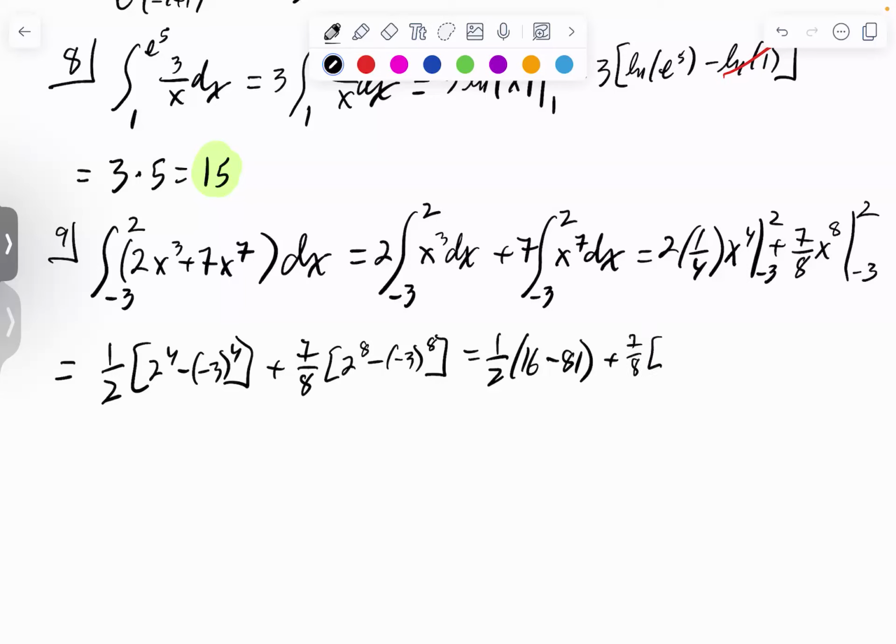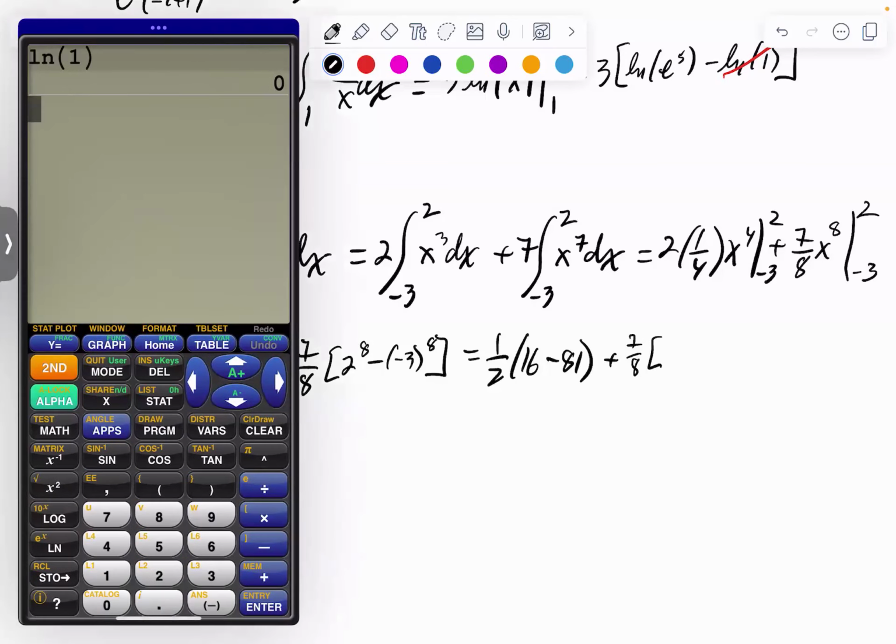2 to the 8th, I believe is 256. Let's double check that. 2 raised to the 8th. 256 minus, now that becomes a positive 3 to the 8th. That's 6561.